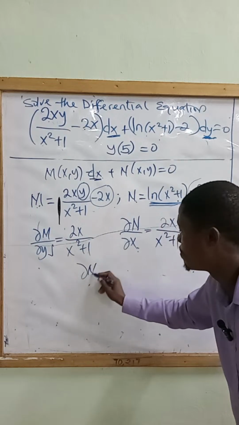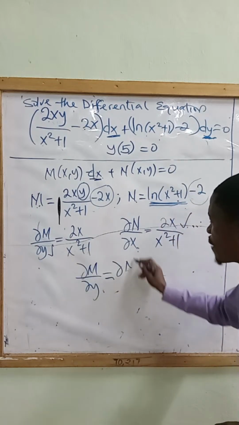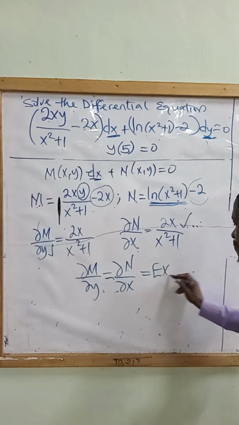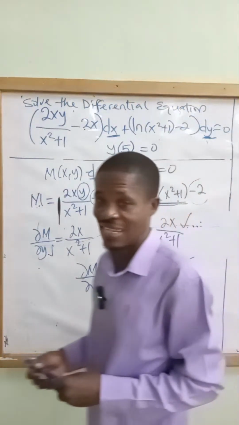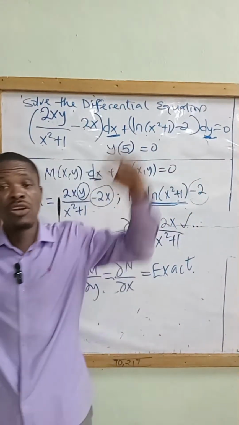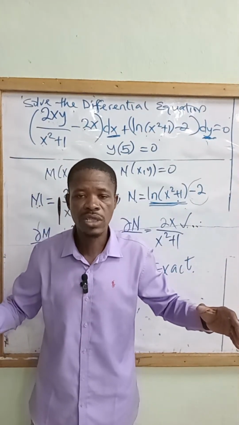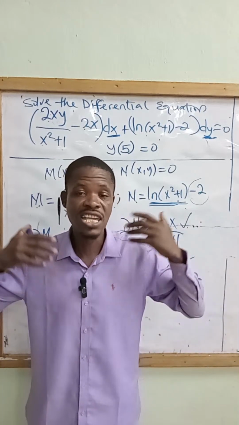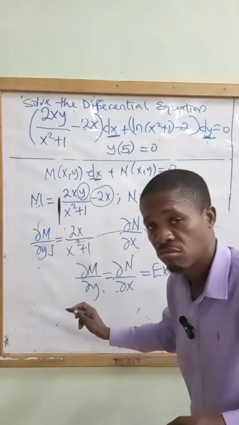Partial differential of M with respect to y is equal to partial differential of N with respect to x. This is exact. And when an equation is exact, is that the end of the road? Capital no. Because we want to find the solution.